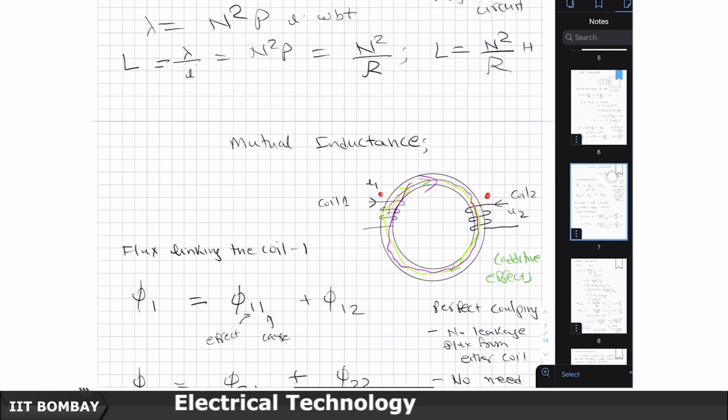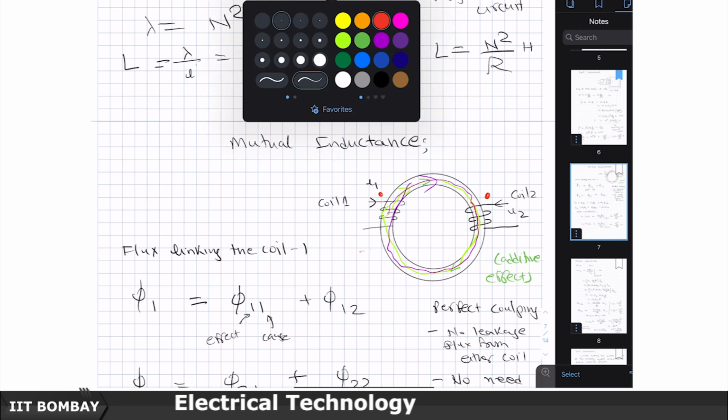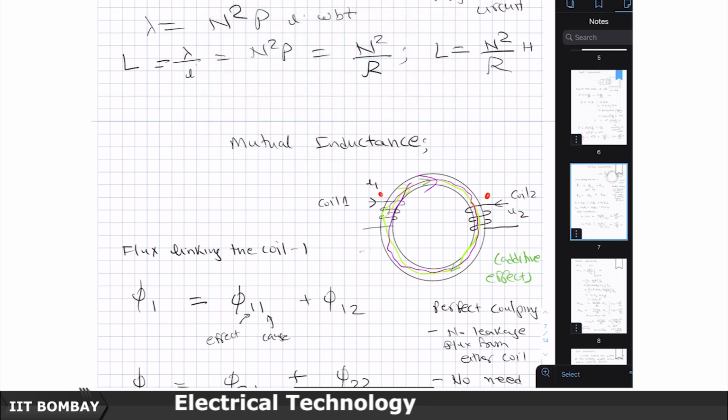But now, for the sake of discussion, I take one more coil like this and orient it. It goes from below, comes back from above, then goes back from below, comes back from above like this.